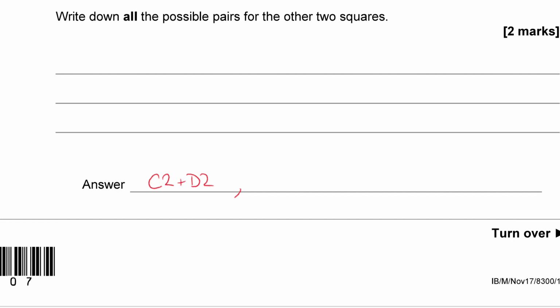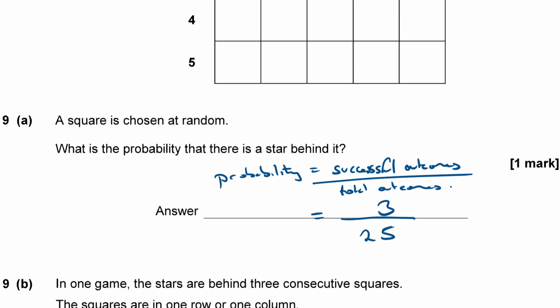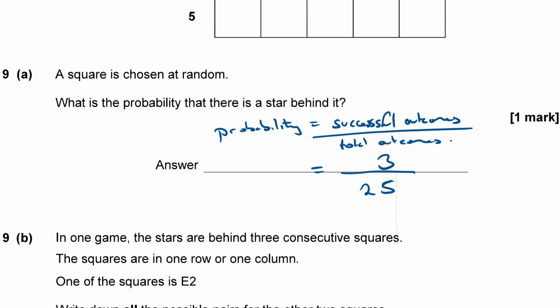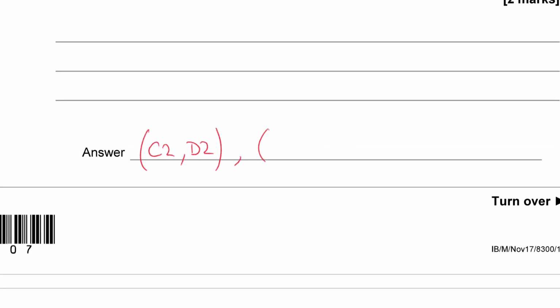That's the pair. Or maybe we can put them in brackets. That might be better. So if I write them down, C2, D2 is one pair. And then my next pair is E3, E4. And my last possibility was E1 and E3.